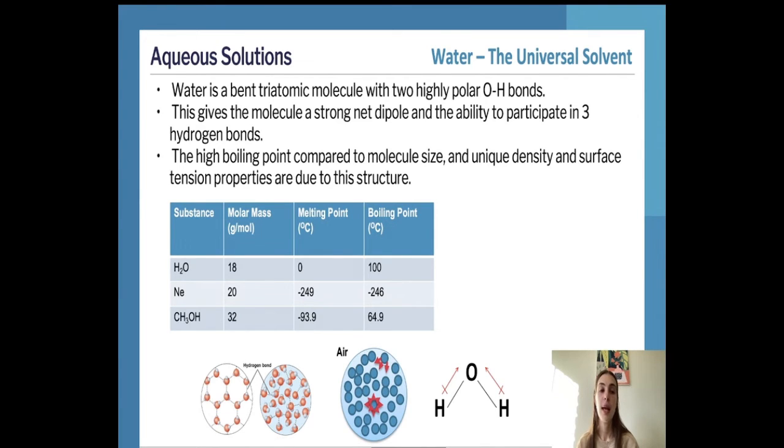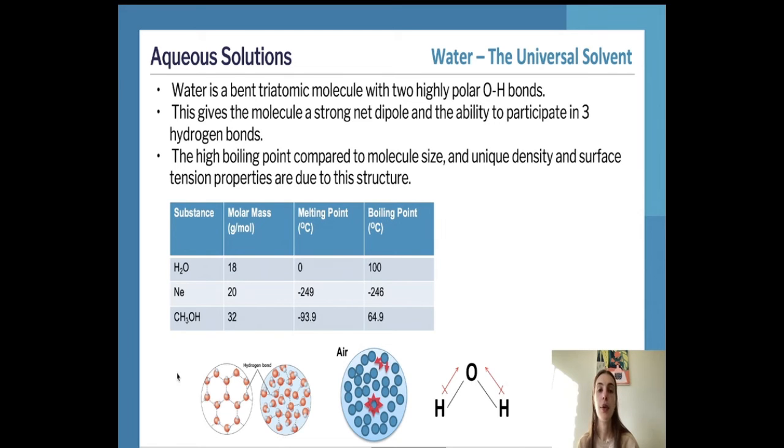So it can participate in a hydrogen bond from the oxygen atom, where the electrons are centered, or it can participate in hydrogen bonding from either of the hydrogen atoms, where the protons are centered. We can see that in this bottom left diagram here, where these hydrogen bonds form a web-like structure due to the attractions.